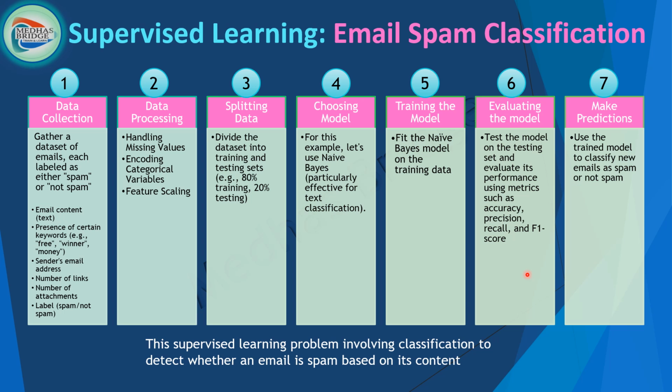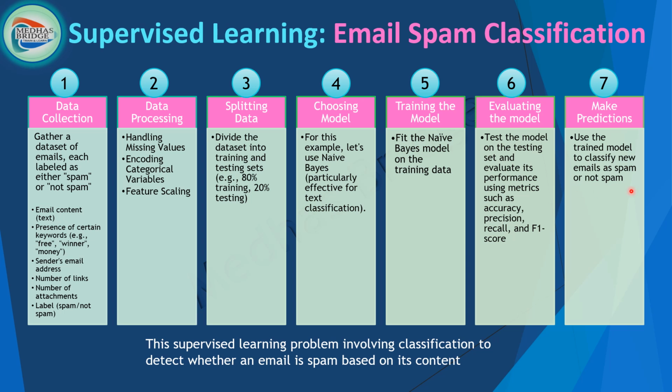What you would do now is get new data altogether, unseen data, which we use as input for this trained model, and start doing predictions. So in step number 7, make predictions means use the trained model to classify new emails as either spam or not spam.